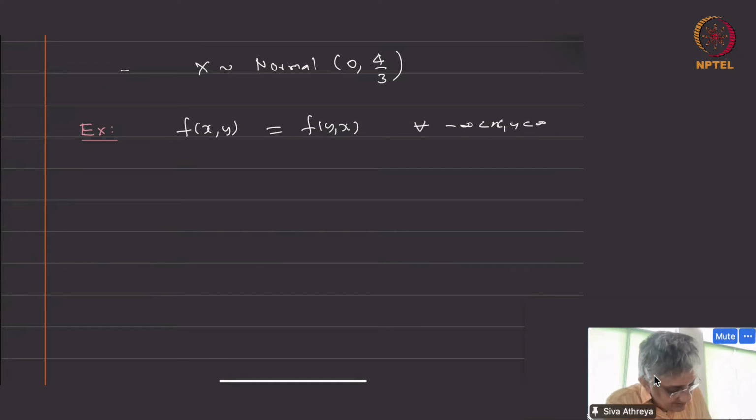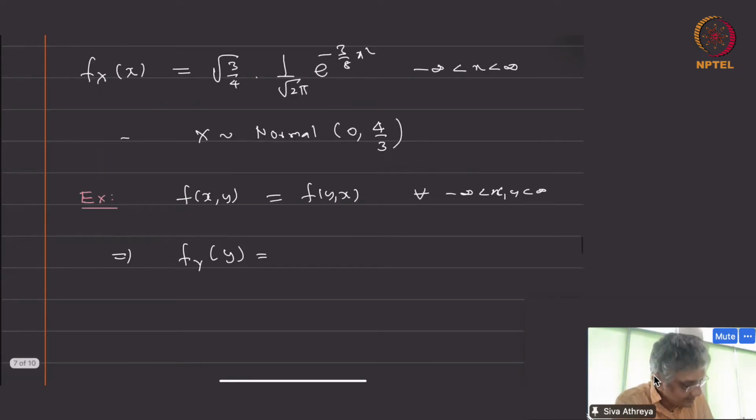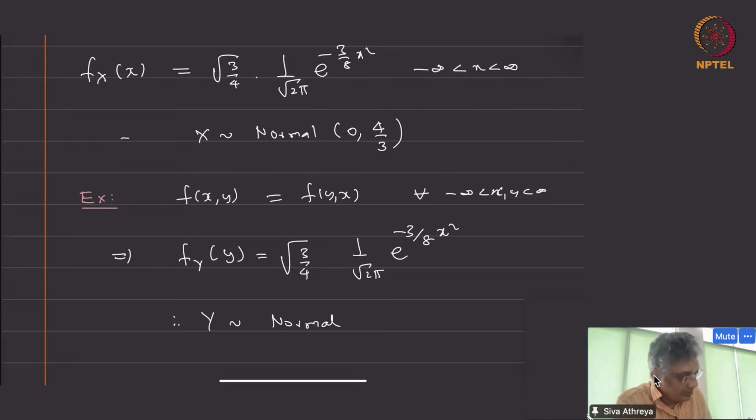So this implies that the joint density of y will also be the same, because I'll replace the roles of y and x and get the same answer. So root 3 by 4, 1 over root 2 pi, e to the minus 3 by 8 x squared. So therefore, y also is normal with mean 0 and variance 4/3.